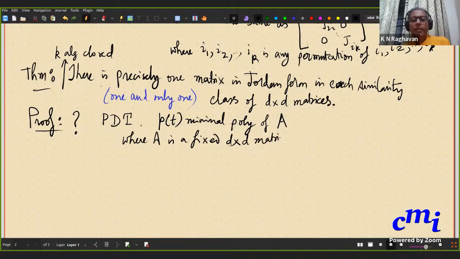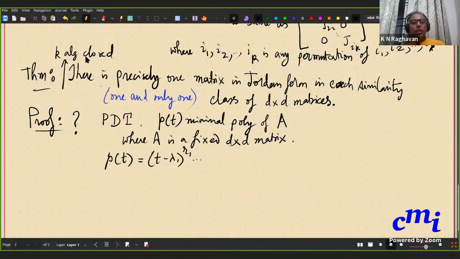So I fix a D by D matrix, and I want to say that take this P_A. And then this P_A will decompose as (T minus lambda 1) to the R1, and so on up to (T minus lambda K) to the RK.